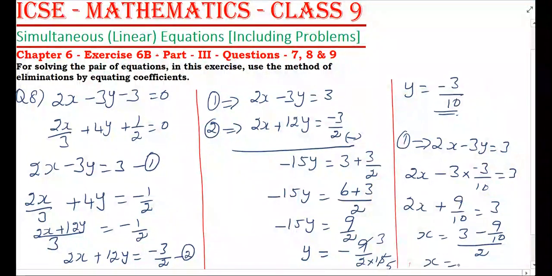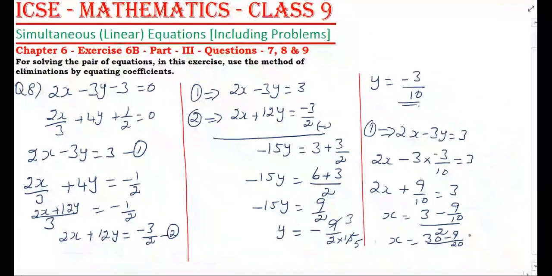So x equal to, first you can take this LCM. So it's 10 into 3, 30 minus 9 by 2 into 10 is 20. 30 minus 9 is 21, so 21 by 20.